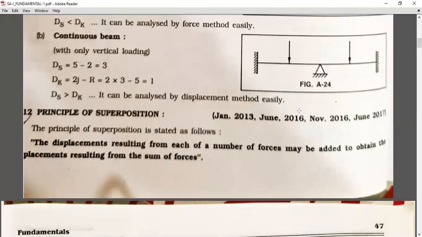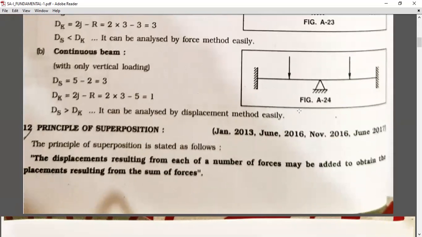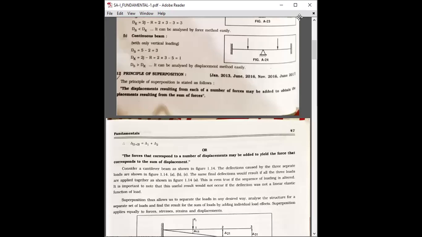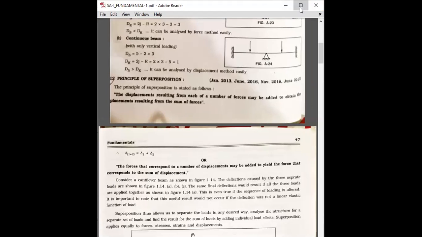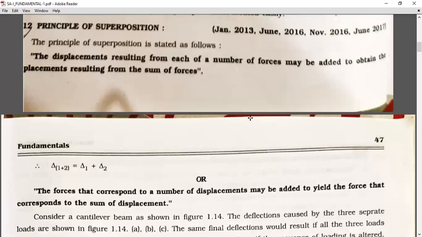Now, the principle of superposition. The same principle we studied in our mechanics of solids chapter.